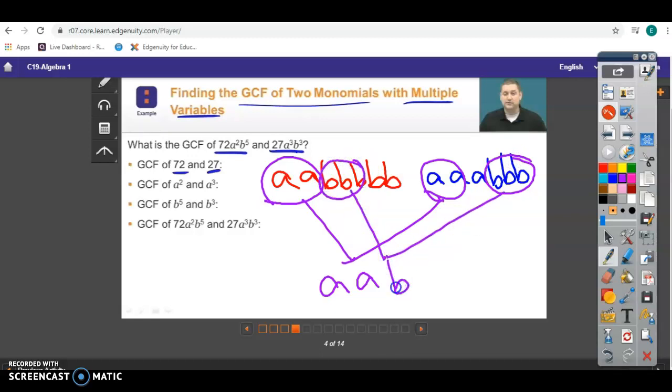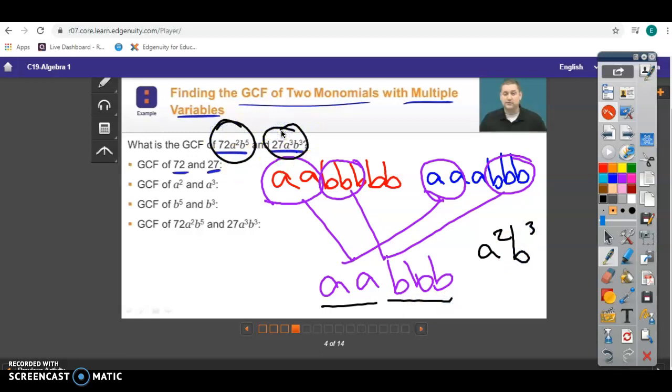So what is that? That's A squared, because it's 2 of them, and B cubed, because that's 3 of them. That means that these two numbers have an A squared and a B cubed in common.